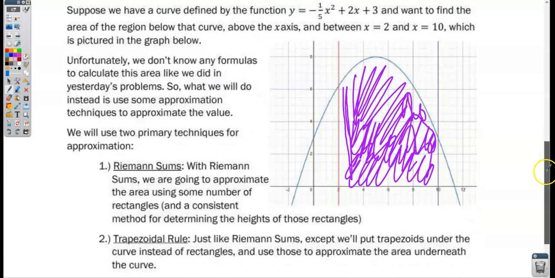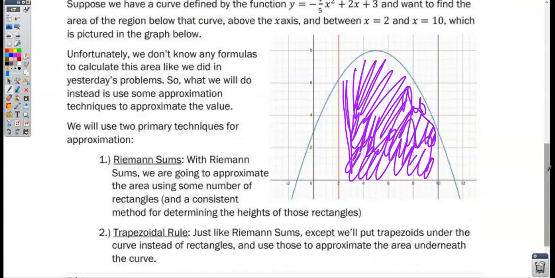Another method for approximating this area is the trapezoidal rule. That'll be just like using a Riemann sum, except instead of rectangles under the curve, we're going to put trapezoids under the curve. That impacts our calculation a little bit, but it's just another method for approximating the value of this definite integral.